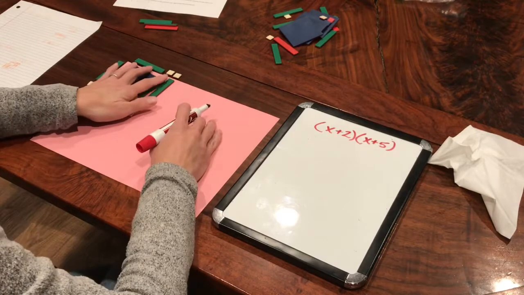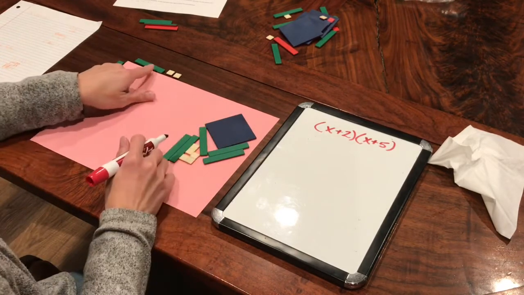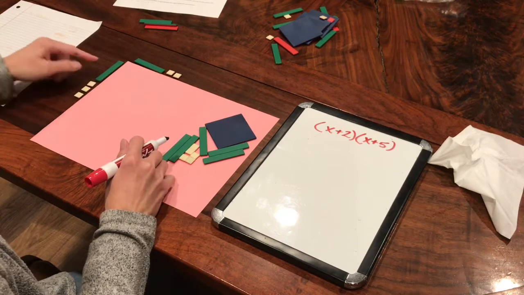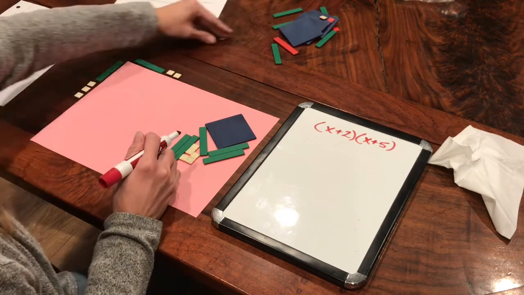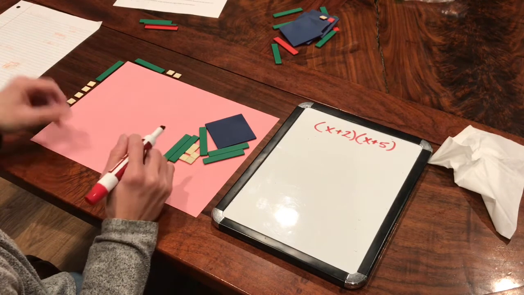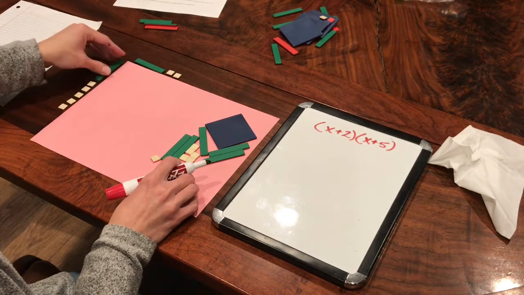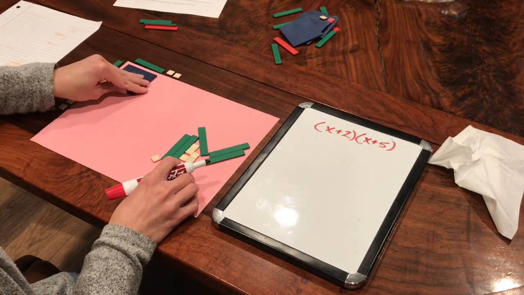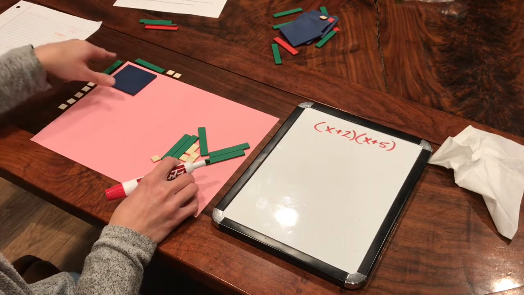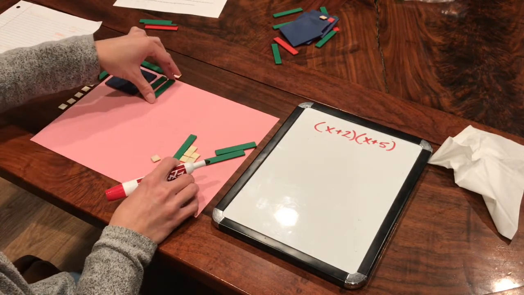Okay, so I'm going to clear my middle section. Across here I have an x plus 2, and then down I'm going to have x plus 5. So when I multiply these, this one is going to need an x side times an x side. That's going to give me my x squared. This one is 1 times an x, and another 1 times an x.